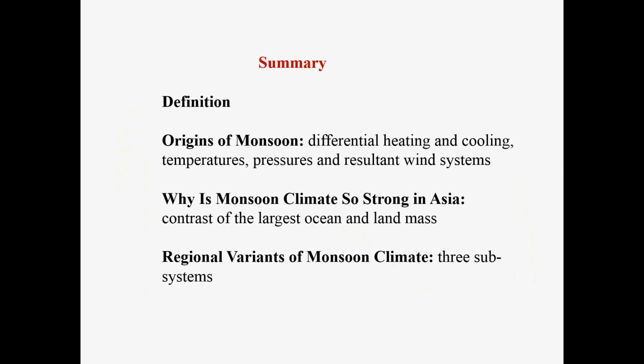Largely, this is because of the contrast between the largest ocean and the largest land mass. And finally, we also discussed regional variance of the monsoon climate in Asia. Basically, the three subsystems of the monsoon climate in the three subregions of Asia.